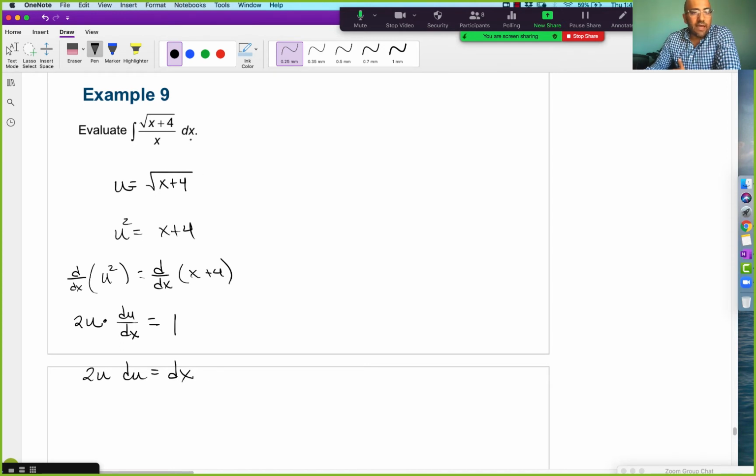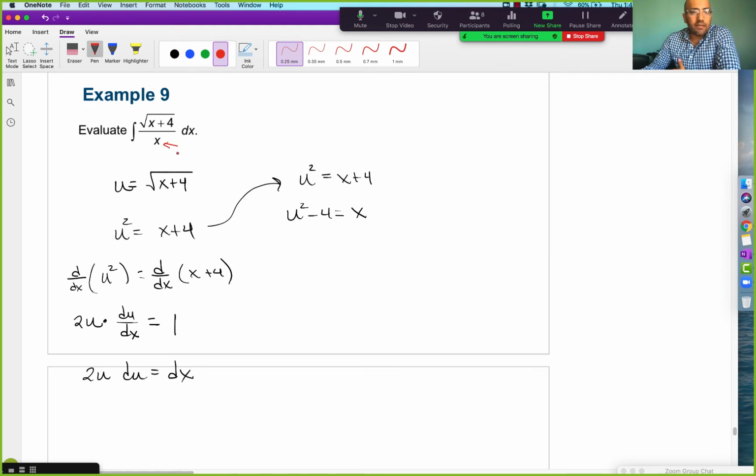So that gives us that, and then we have that. From here, we can get a value for x. u squared equals x plus 4, so u squared minus 4 equals x. So we have everything we need piece by piece.